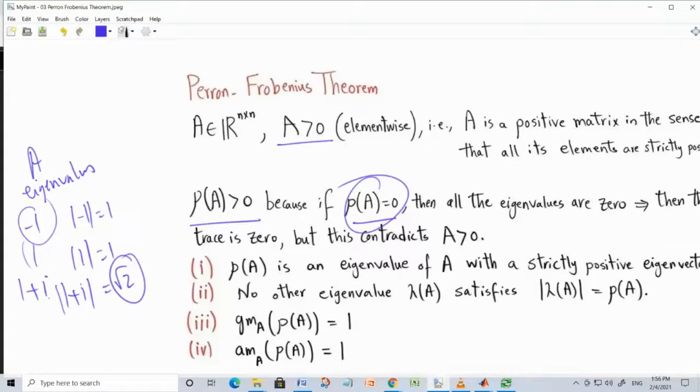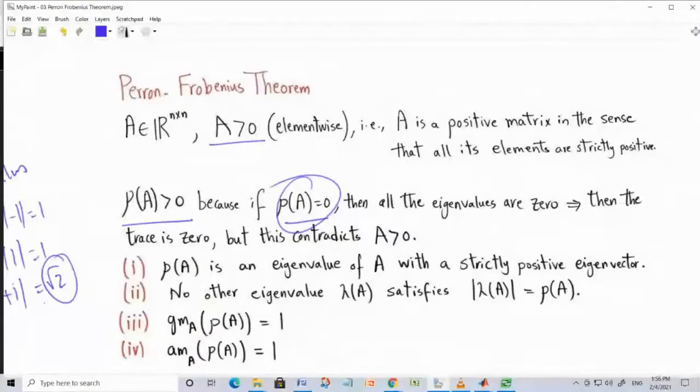So generally speaking, the spectral radius is the maximum magnitude, and you may not actually have any eigenvalue that is exactly equal to the spectral radius, like in this case. Square root 2 is the spectral radius, but it is not an eigenvalue.